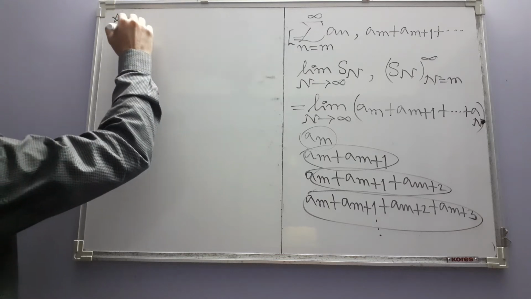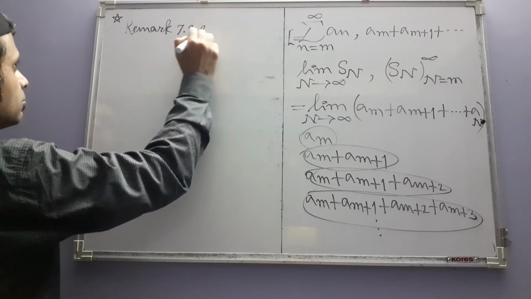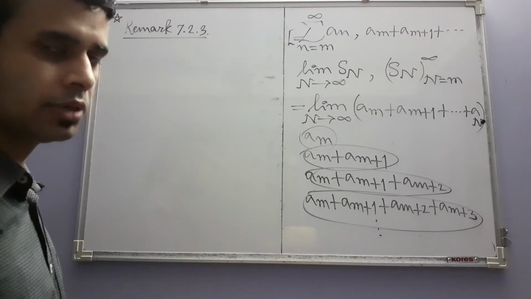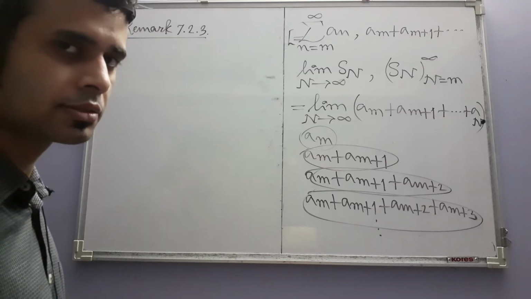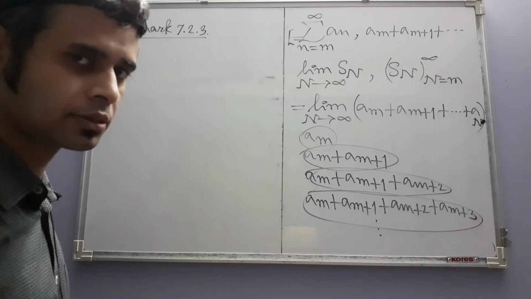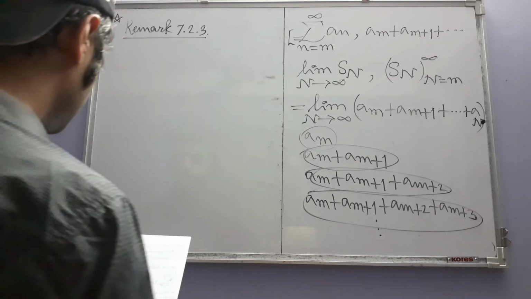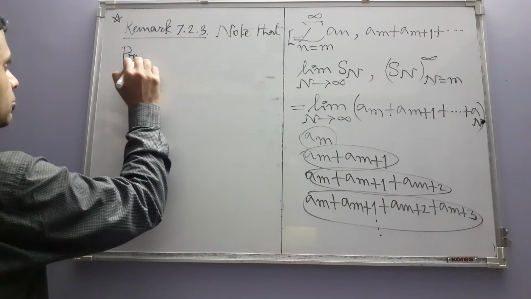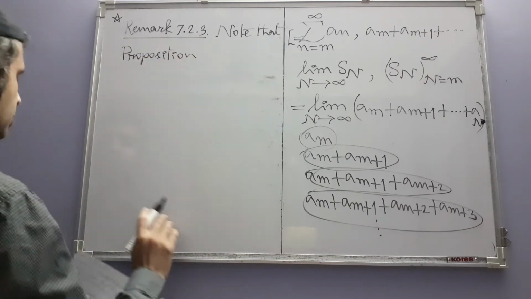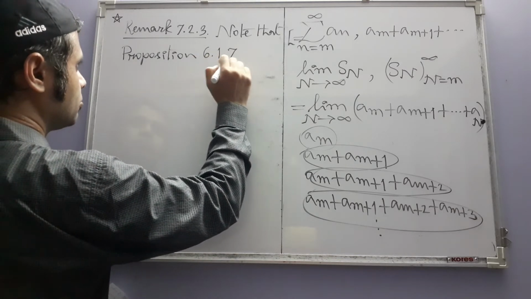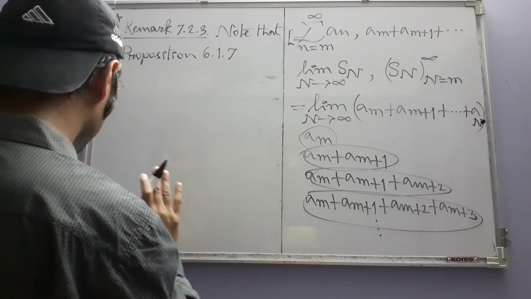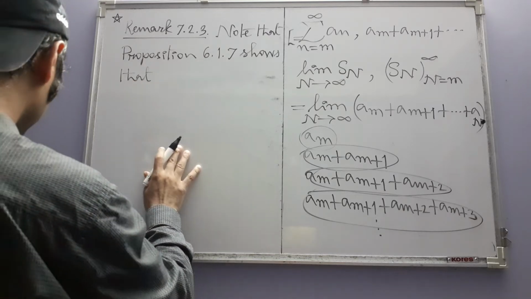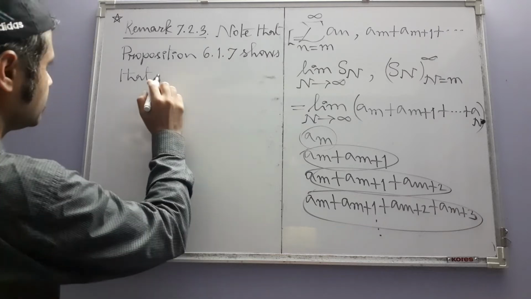Remark. Because we have defined the sum of an infinite series, whenever it exists, to be the limit of a sequence, we know that whenever it exists, it is going to be unique, because limits of sequences, whenever they are convergent, are unique. So that's what this remark says. Note that proposition 6.17, in which we proved the uniqueness of limits of convergent sequences of real numbers, shows that if a series converges, then it has a unique sum.